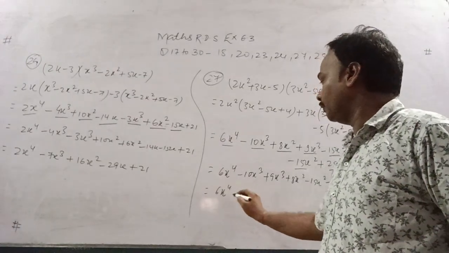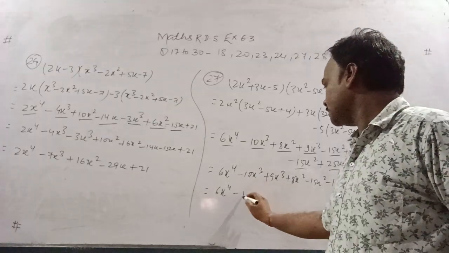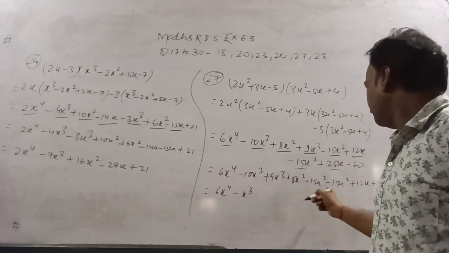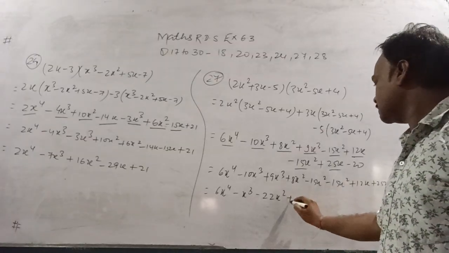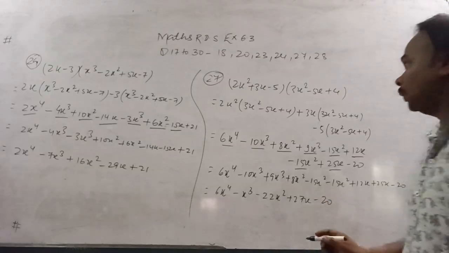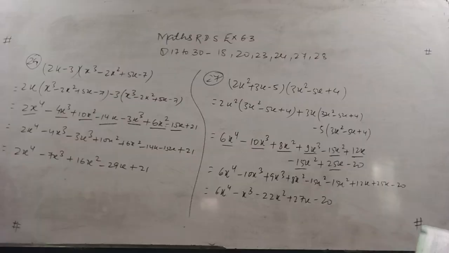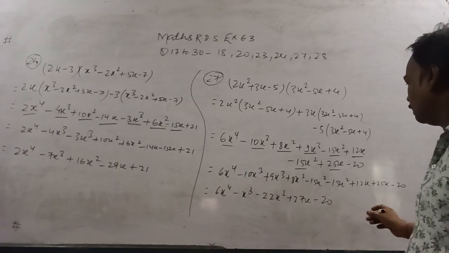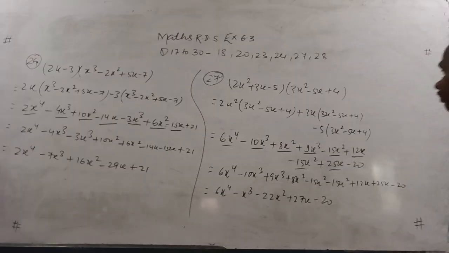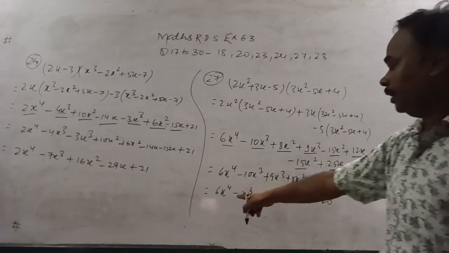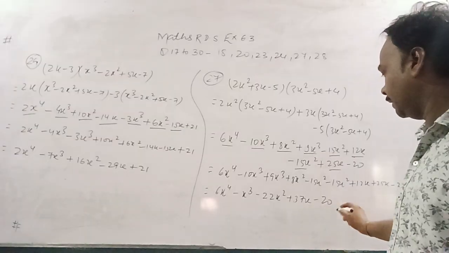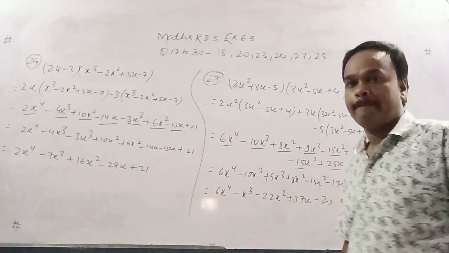This is equal to 6x to the power 4 minus x cube minus 22x square plus 37x minus 20. This is the product. Clear?